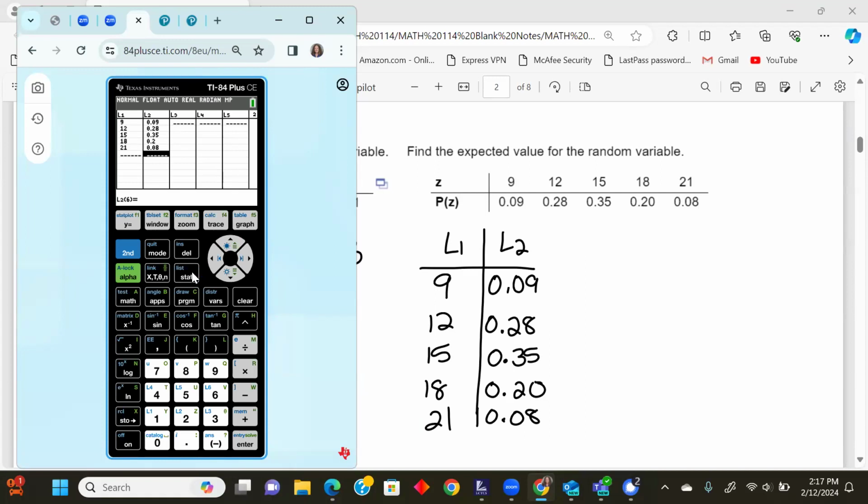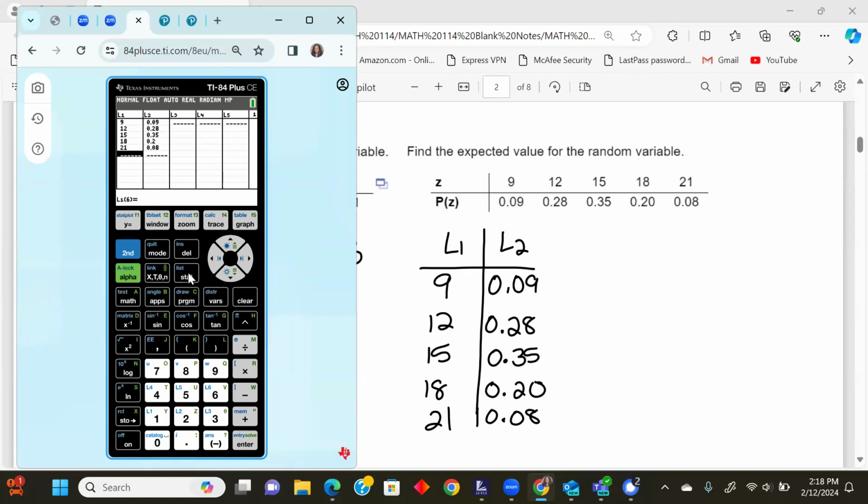Double check. If you pull the 0 off the 0.20, that's fine. That's not a big deal. And I'm going to show you one more time. If you just wanted to clear out the whole column, put your arrow up to L1, hit clear, don't hit delete, hit clear, and then hit enter, and it clears the whole column for you if you prefer to do that.